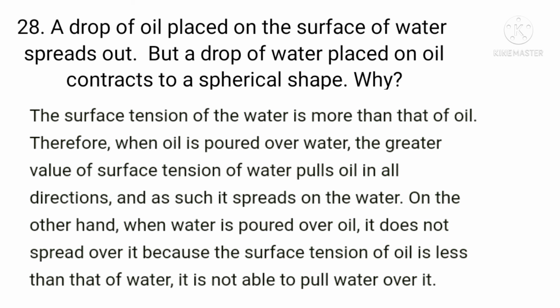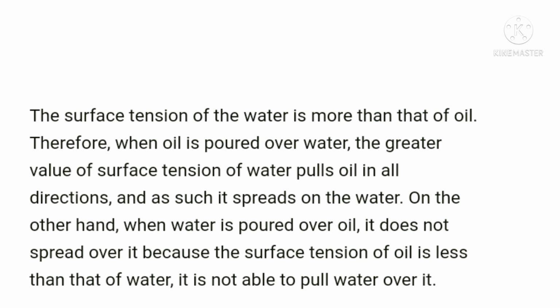Therefore, when oil is poured over water, the greater value of surface tension of water pulls oil in all directions and as such it spreads on the water. On the other hand, when water is poured over oil, it does not spread over it because the surface tension of oil is less than that of water. It is not able to pull water over it.